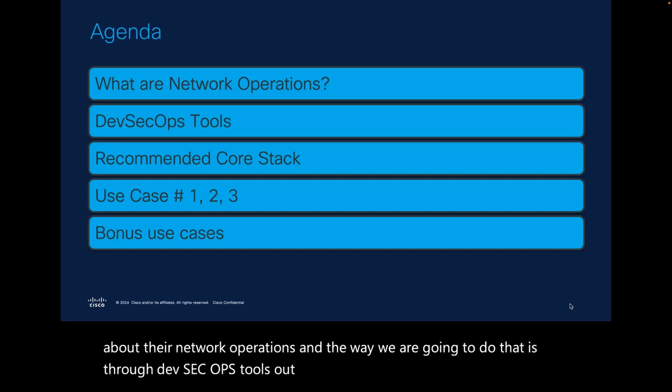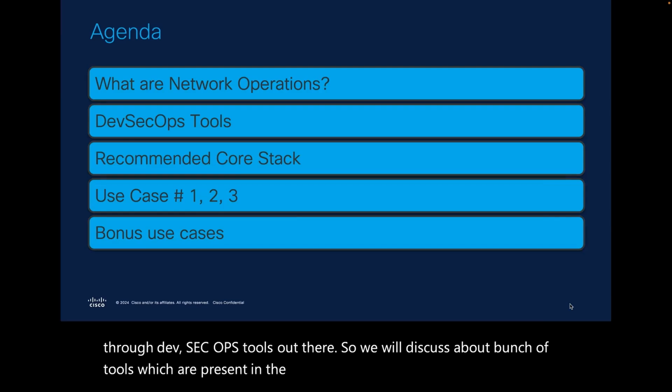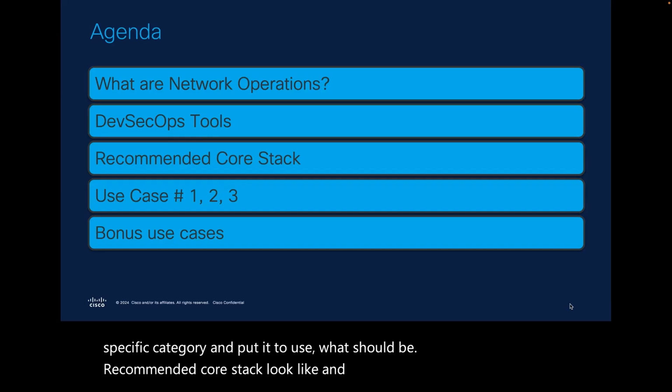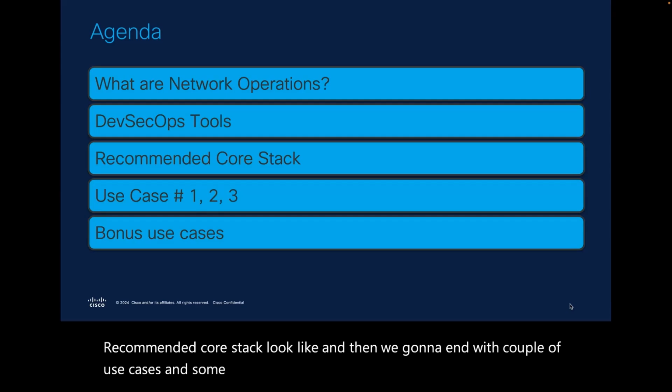So we will discuss a bunch of tools which are present in the market, how to take a specific tool from a specific category and put it to use. What should a recommended core stack look like, and then we're gonna end with a couple of use cases and some bonus use cases.